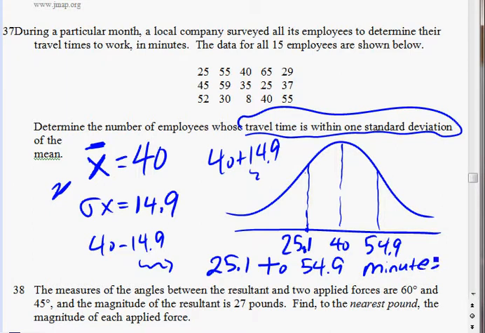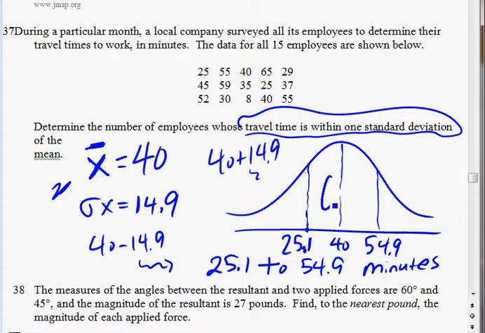And just to go even further, if they were to ask what percentage of employees travel within one standard deviation, you'll need to look at your reference sheet, and that is approximately 68%.